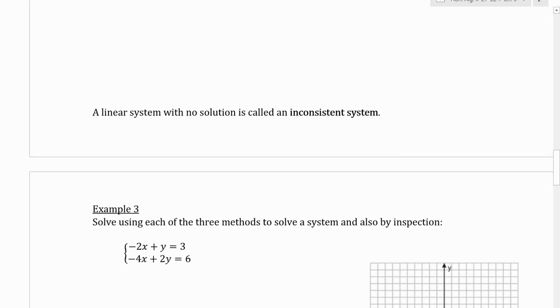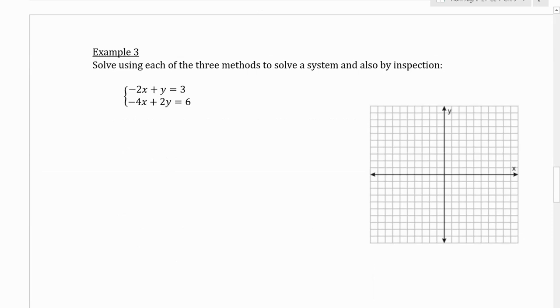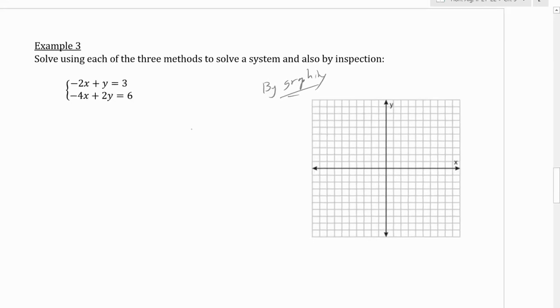All right, so this one, same thing. If we're going to solve this system, let's do it by graphing first. So I'm going to take each equation, rearrange them.